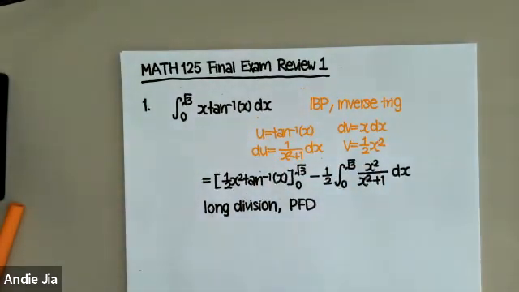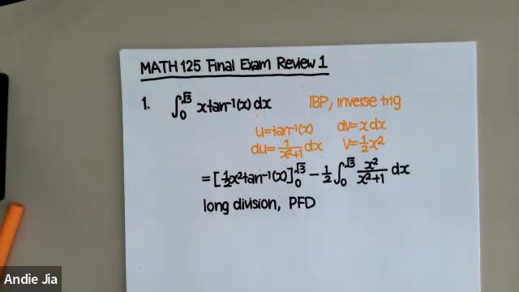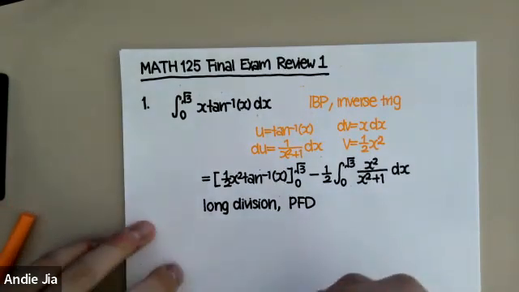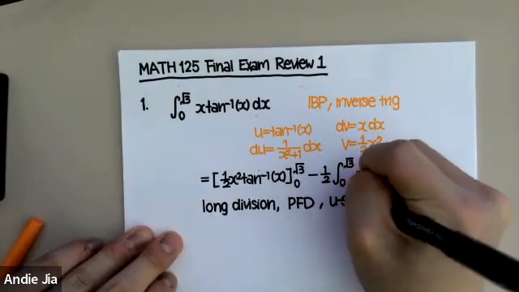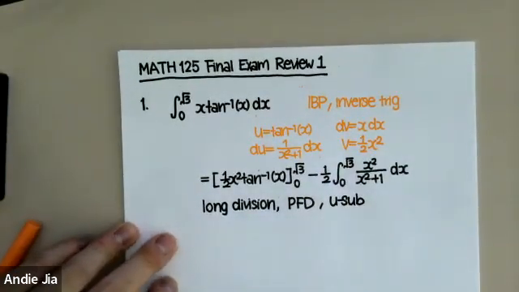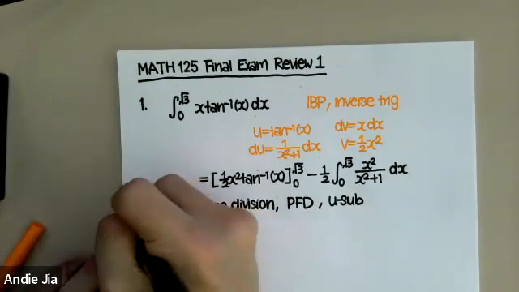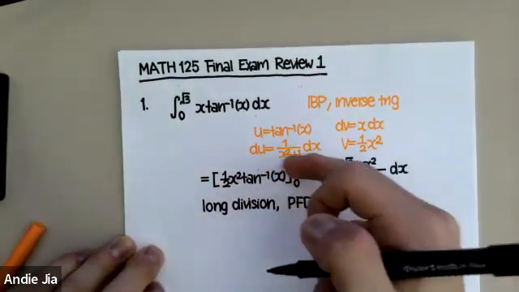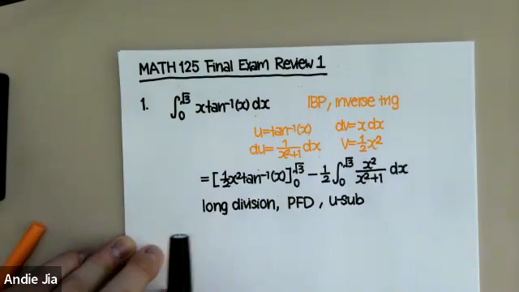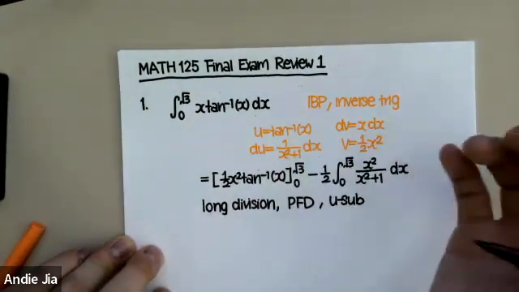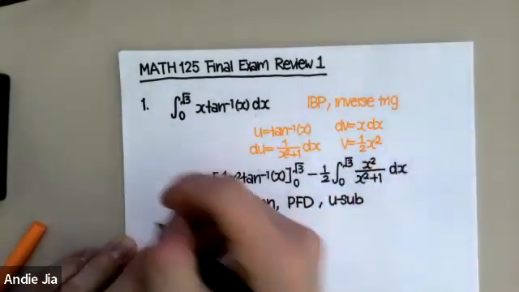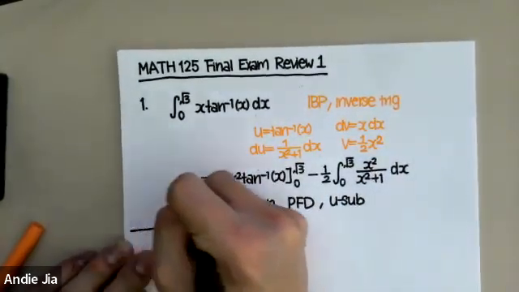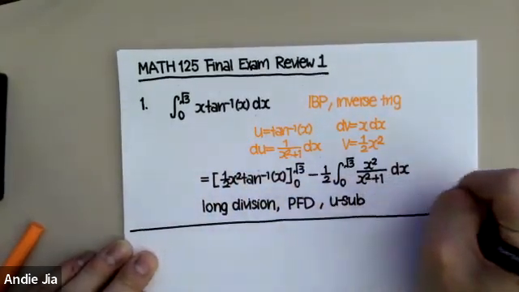After PFD, make a u substitution if appropriate. Then you get arctangent of the square root of 3. You can know the trig values here, and then you will get the final answer. That's the first problem.